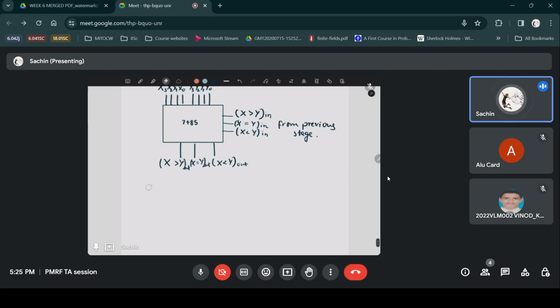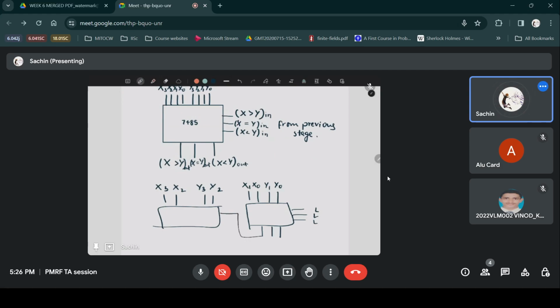You could use two separate stages. x3, x2, y3, y2 you could give to one comparator, and x1, x0, y1, y0 you could give to the other comparator. Simply set the previous stage inputs all as low for the first. Then you take the outputs given here and give them as inputs in the next stage.